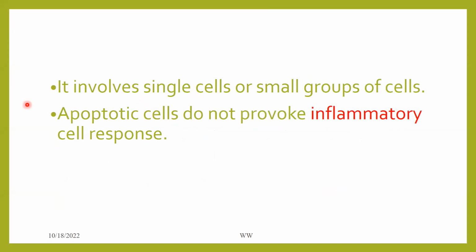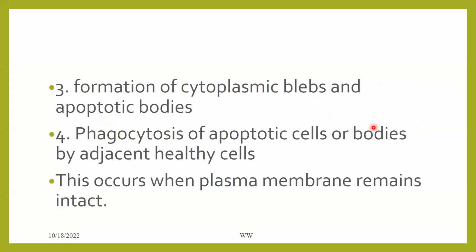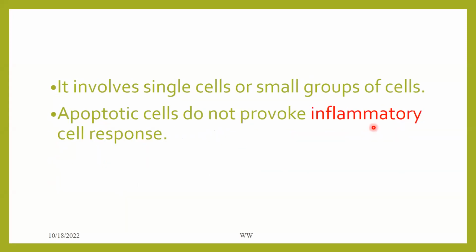And the most interesting part is that because it is an energy-dependent, intentional process, it does not provoke inflammation. Necrosis, on the other hand, provokes inflammation, and around a necrotic part, the surrounding living tissue provokes the next pathologic process you'll be discussing, which is called inflammation. But in apoptosis, we don't see that.